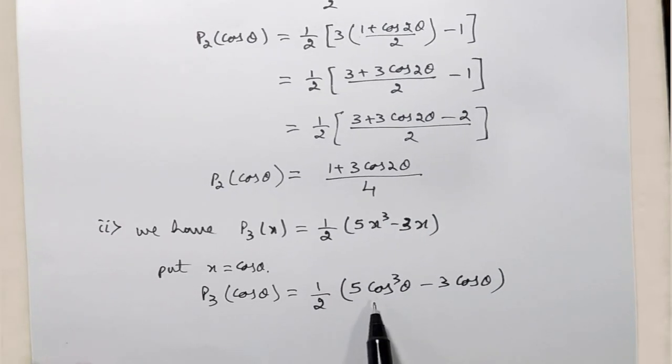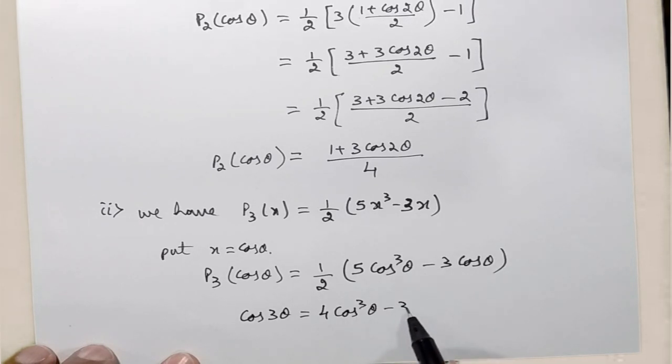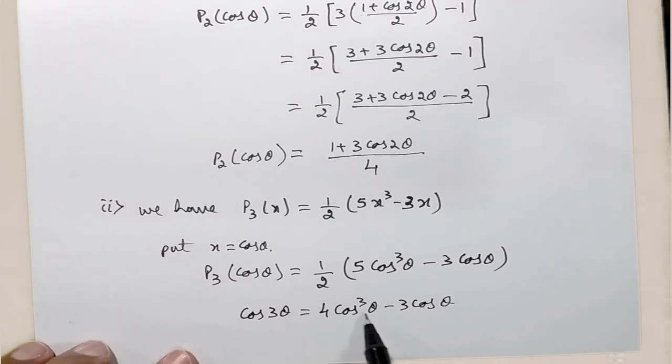So now cos cube has to be eliminated. For that we'll be using this formula. Cos 3 theta formula is already known to you. Cos 3 theta is nothing but 4 cos cube of theta minus 3 cos theta. From here you can get cos cube theta, or if you can remember the cos cube of theta formula directly, you can substitute.